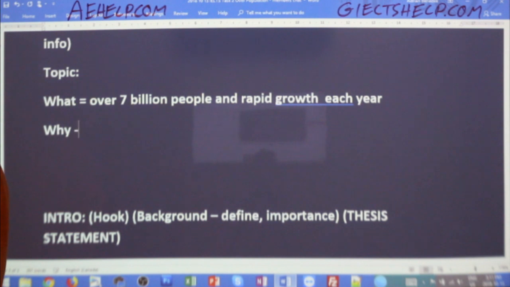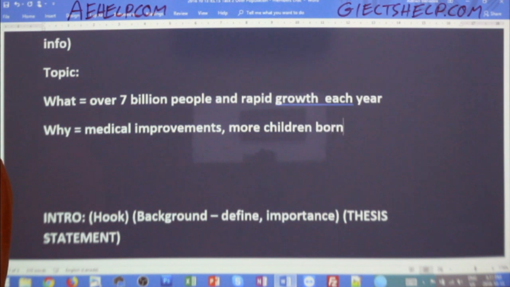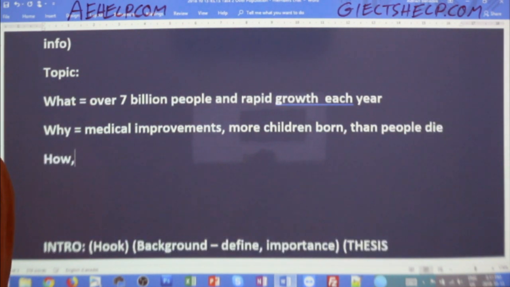This would be the causes, right? So why? Medical improvements, more children born than people die. Okay, that's the reason. How? People stay alive longer due to food and medicine.